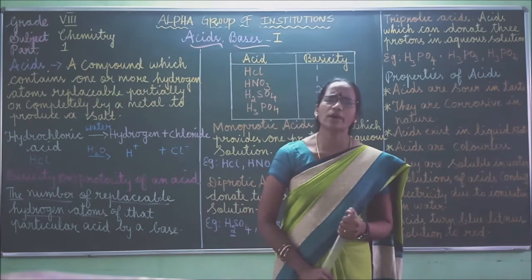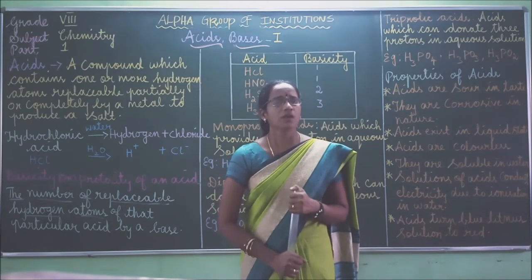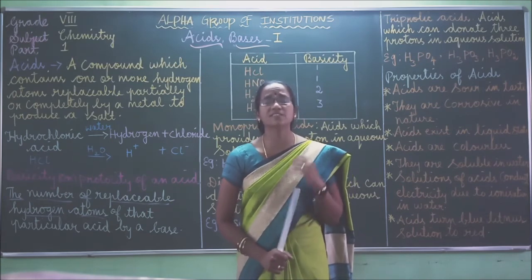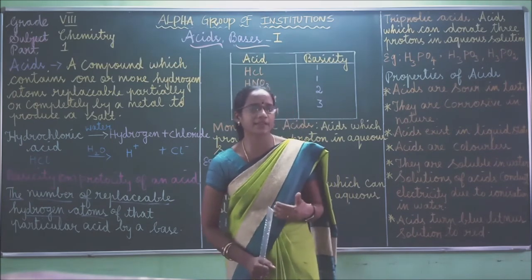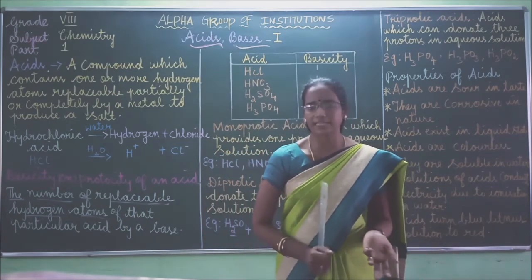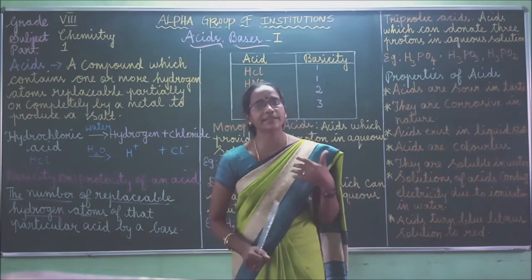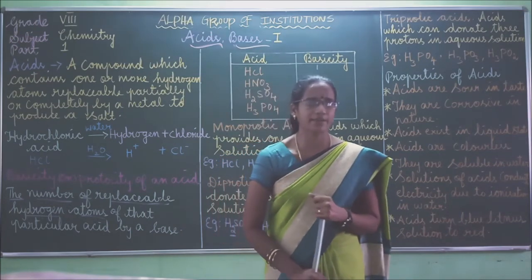Next one, acids are highly corrosive in nature. This means it can spoil substances like even human skin, clothes, paper. So it will damage all these things. Corrosive means harmful in nature, right?